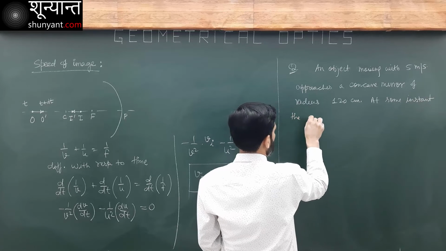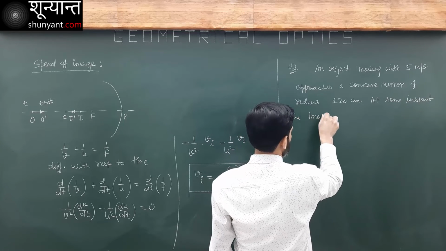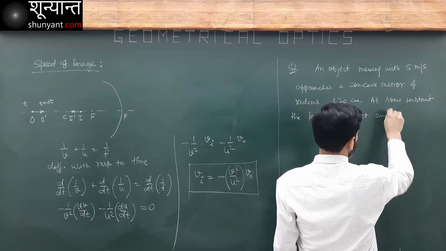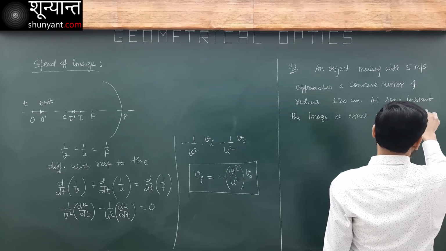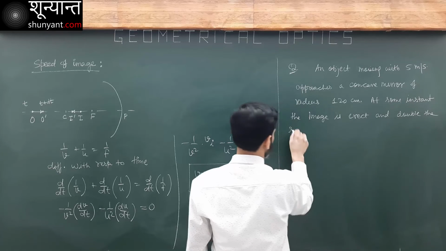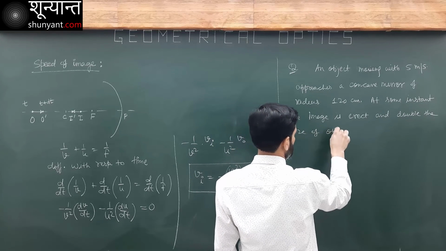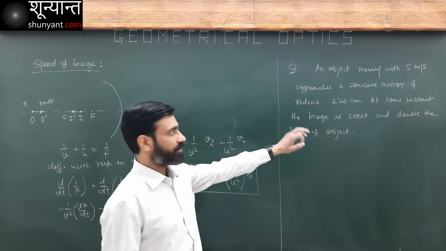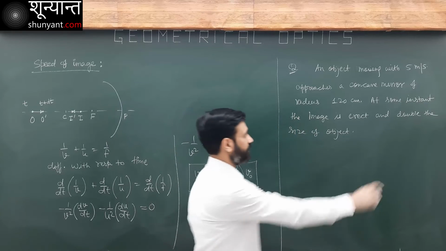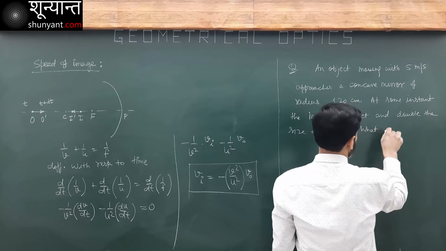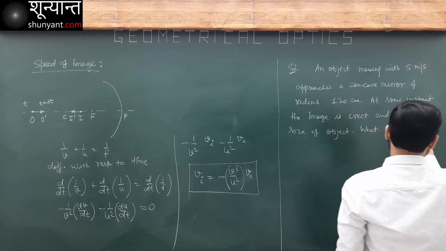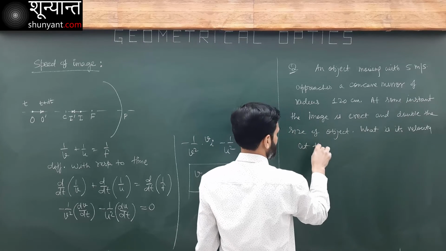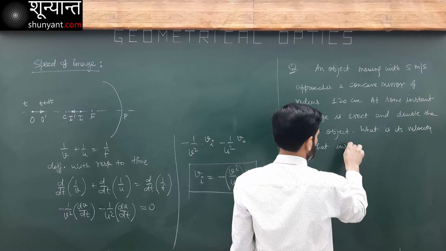At some instant the image is erect and double the size of object. What is its velocity? At that instant.